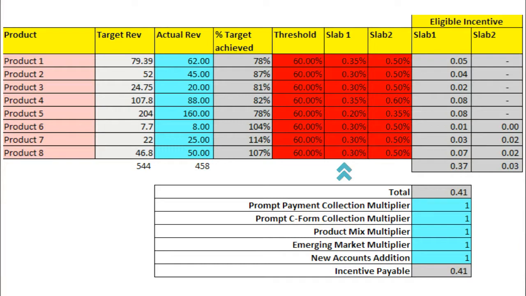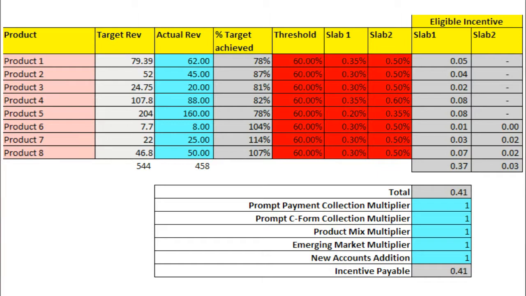So slab 1 gave him an incentive up to 100% of the target achievement, and slab 2 gave him an incentive on all overachievement. So as you can see, slab 2 is at a much higher level as compared to slab 1, which means the salesperson is incentivized at a much higher rate when he sells above his target.